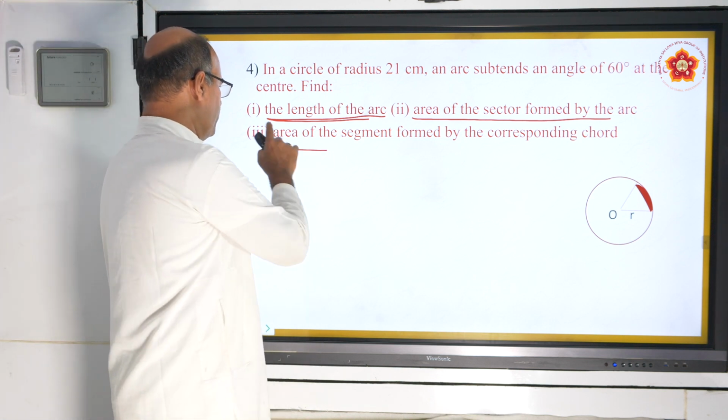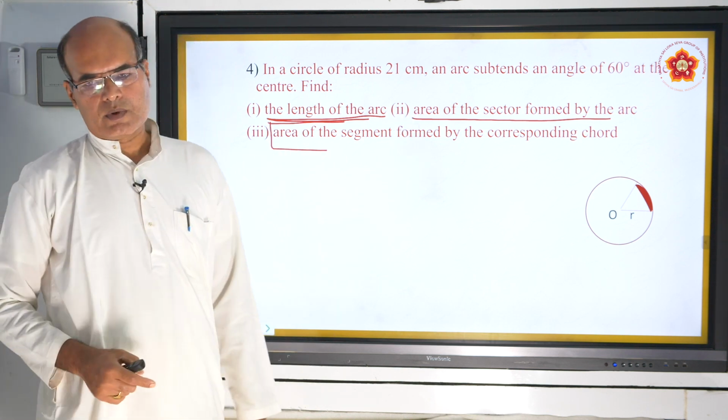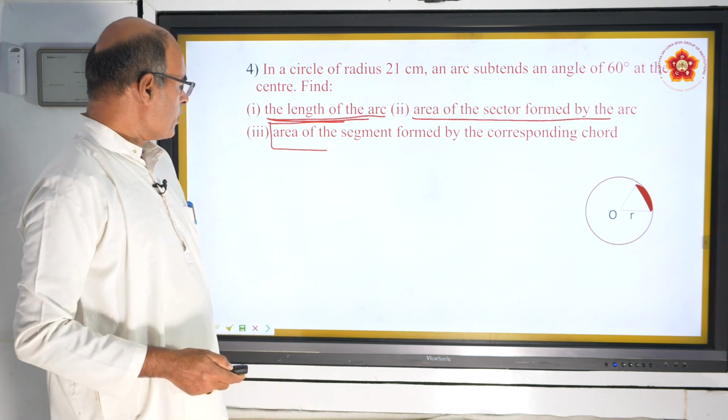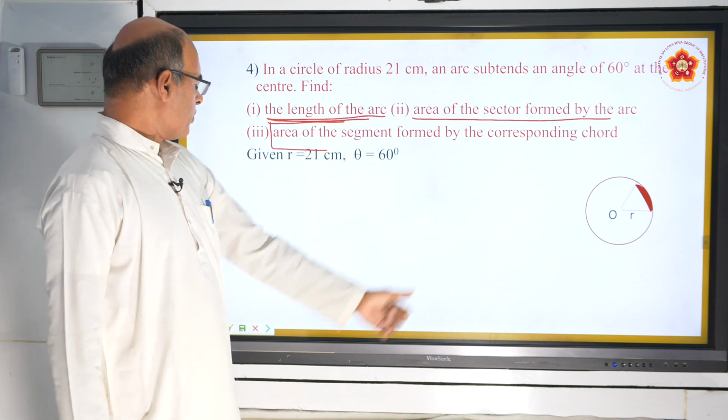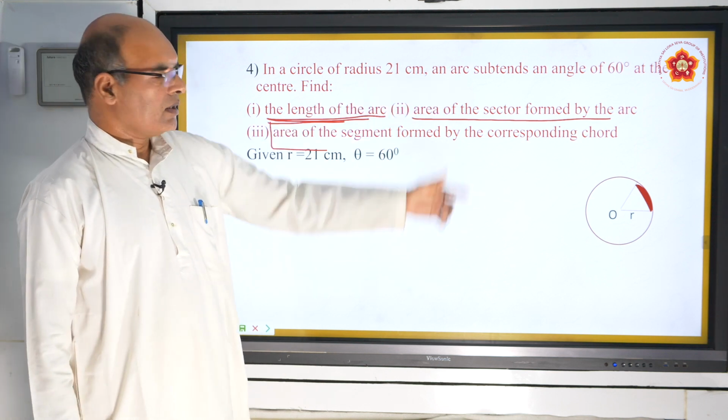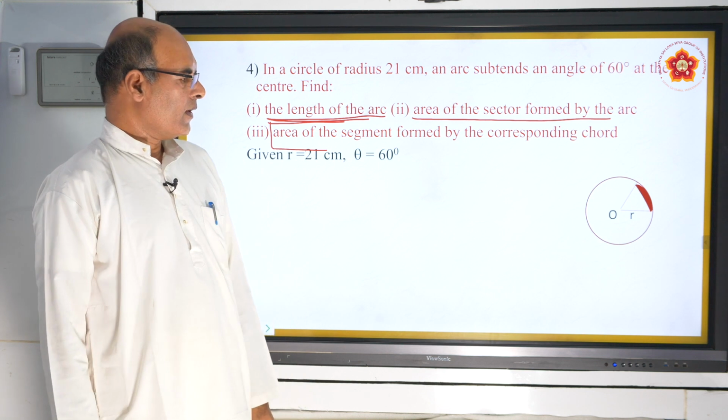So this is new, the area of the segment. Given the radius is 21 centimeter and theta is 60 degrees.